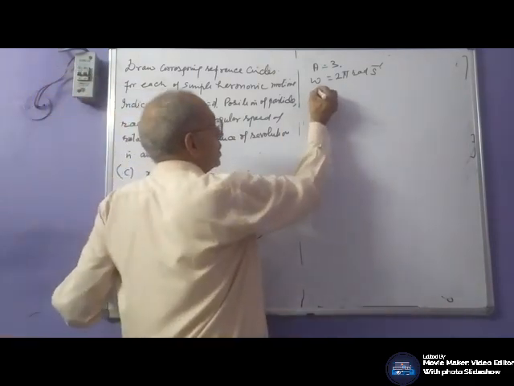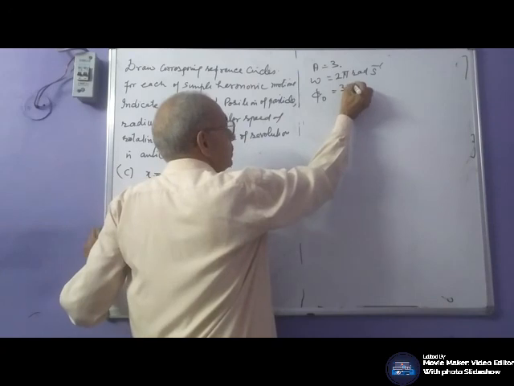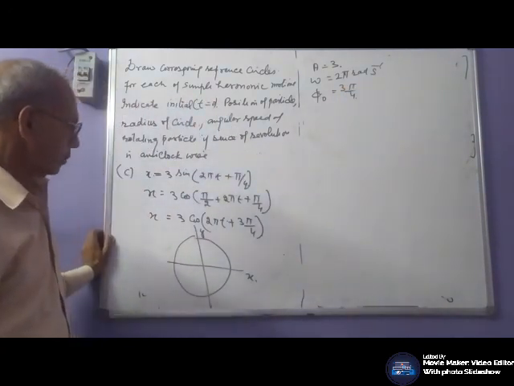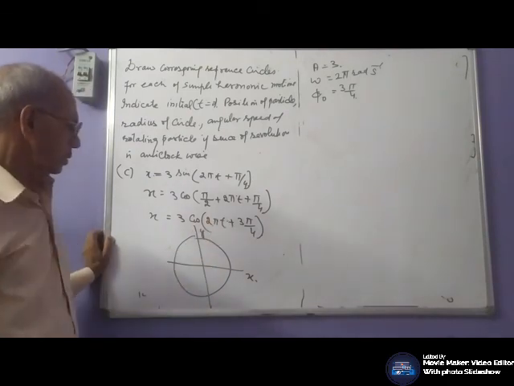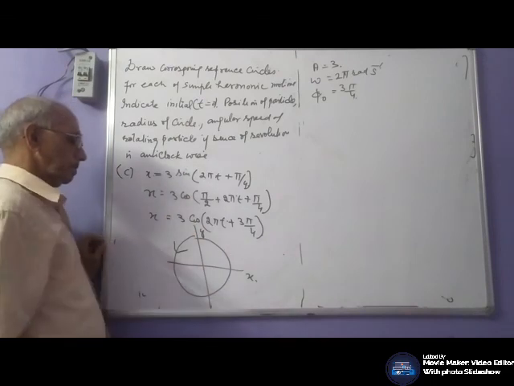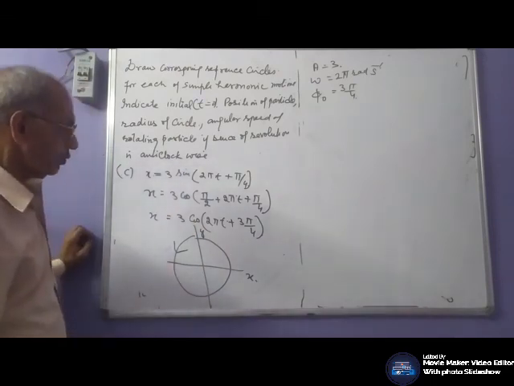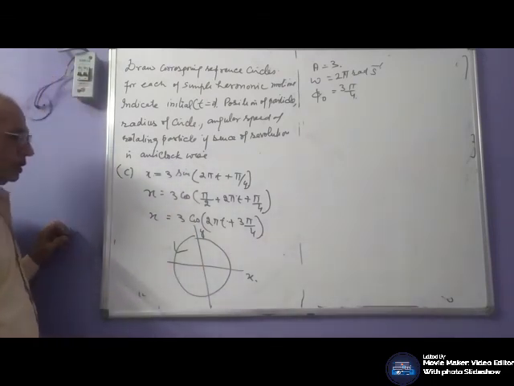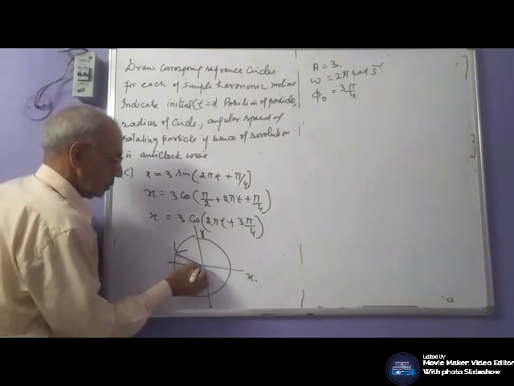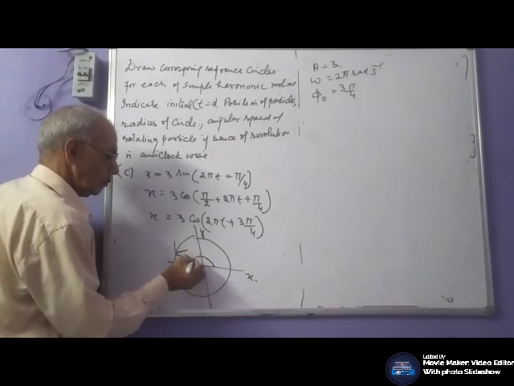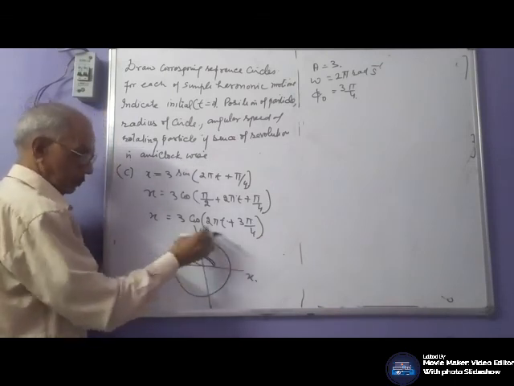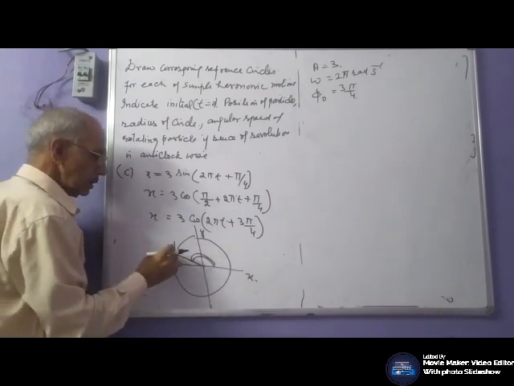Phi naught 3 pi by 4, प्लस है ये प्लस. तो आगे सेंस ऑफ रेवोल्यूशन ये है, 3 pi by 4. ये यहां तक पाई and it is 3 pi by 4.